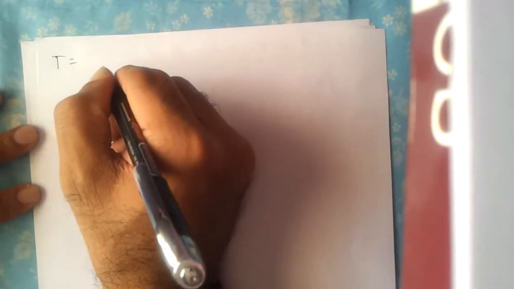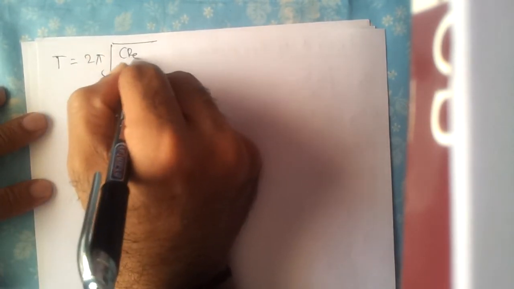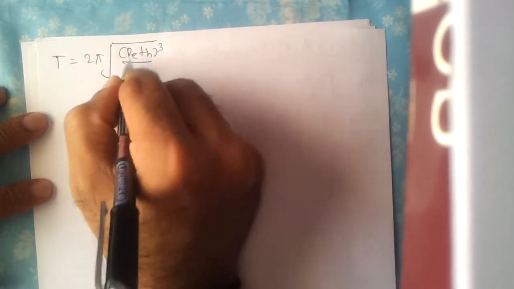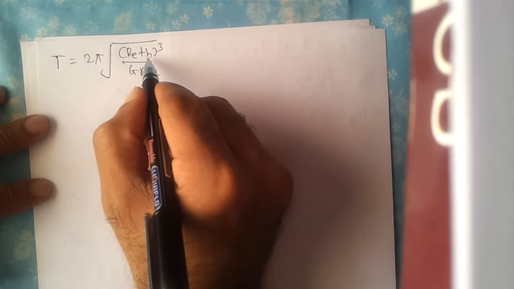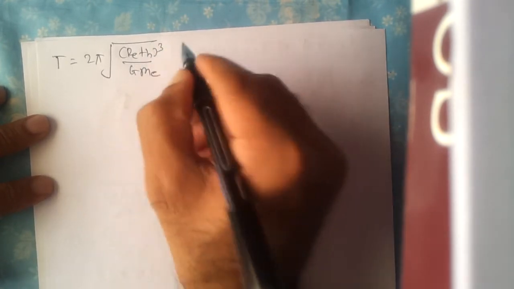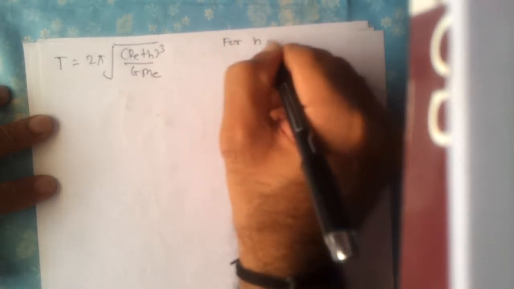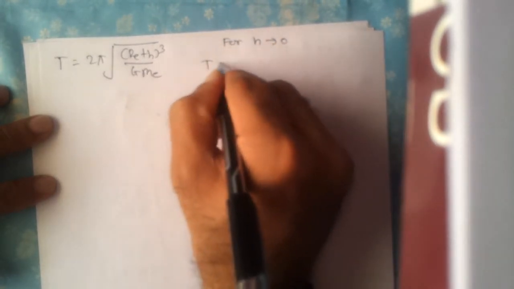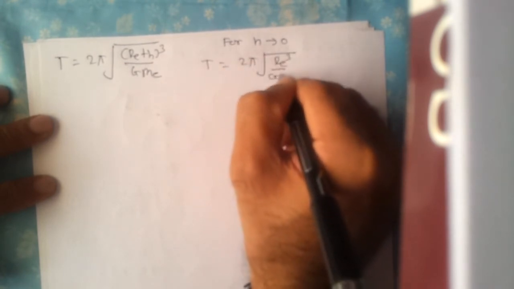The first equation that we had was T = 2 pi into square root of (r_e + h) whole cube upon GM_E, right? And if I take h equal to 0, I'll get r_e cube, and therefore for h tending to 0, I'll get T = 2 pi square root of r_e cube upon GM_E.